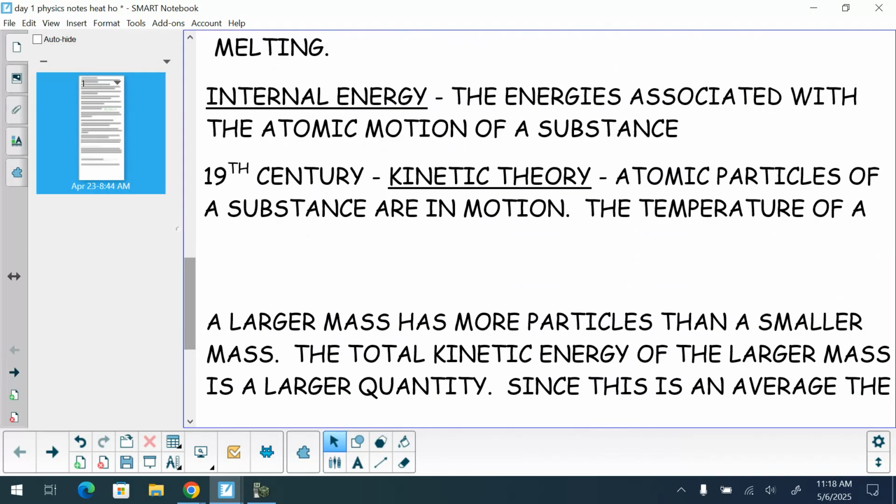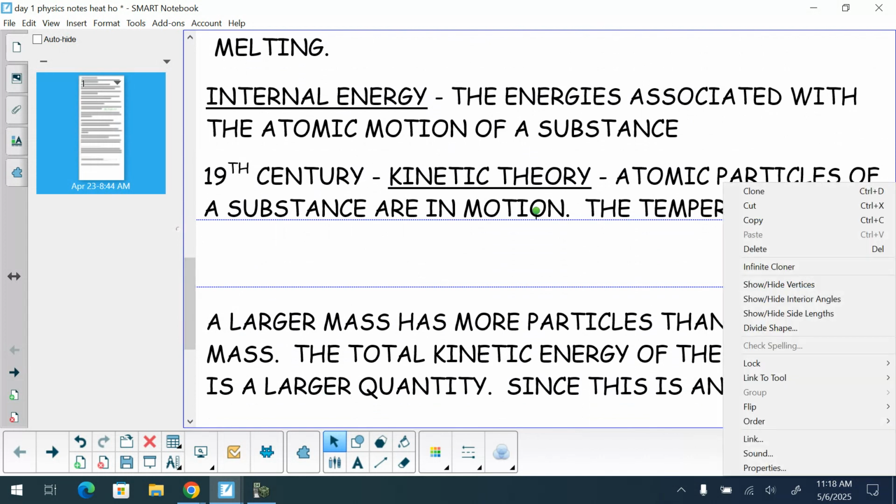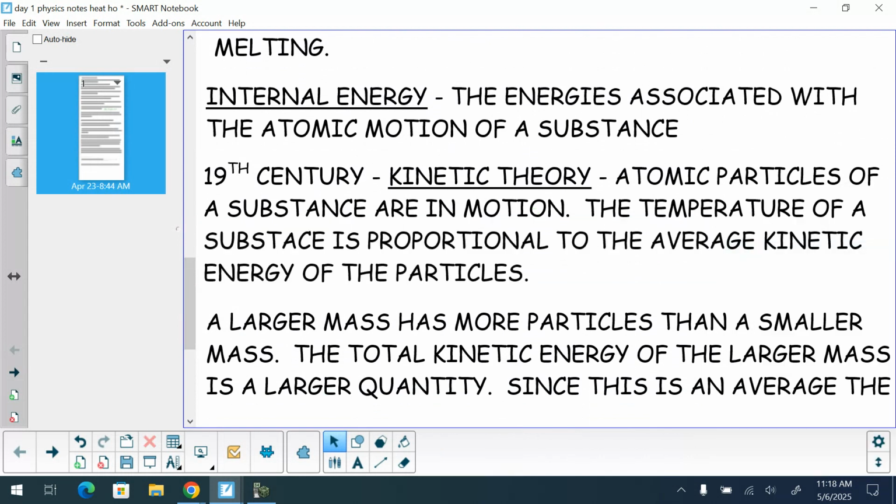Okay, you have all these smart people throughout history. They couldn't really explain how things and objects warmed or cooled. The 19th century came to kinetic theory. It talked about the atomic particles of a substance in motion.